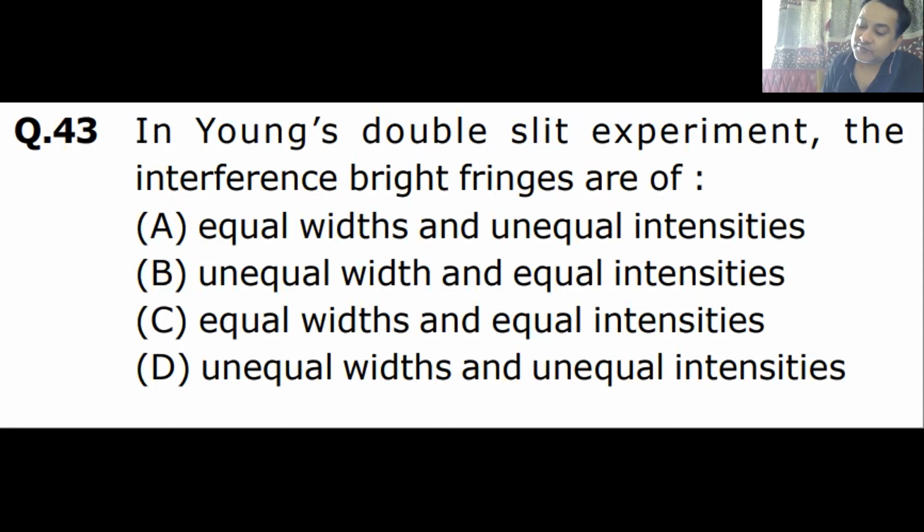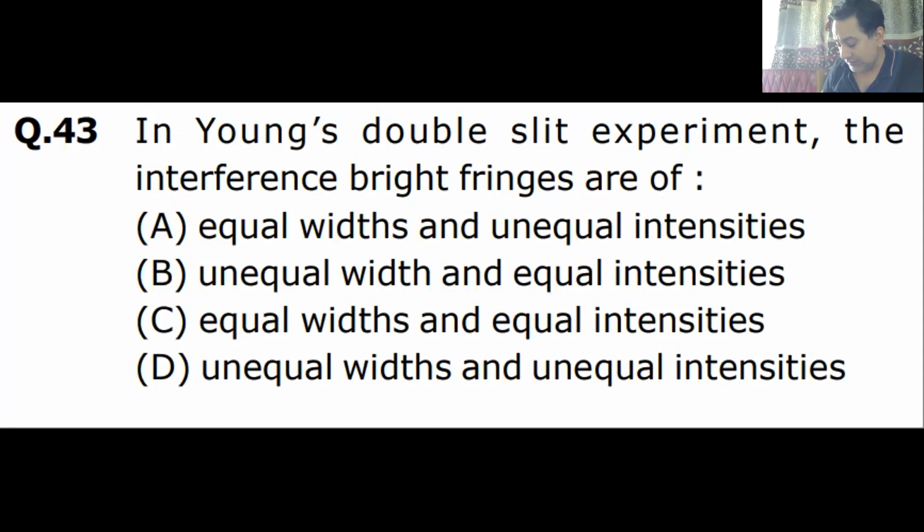In Young's double slit experiment, the interference bright fringes: you have central bright fringe, first bright, second bright, third bright, and so on. There are 4 options given. Can you tell me which is the correct option?